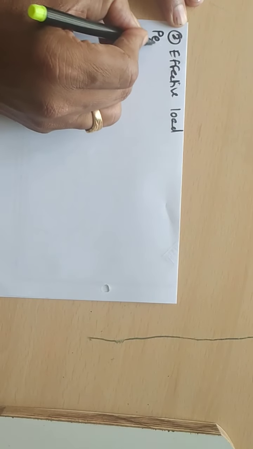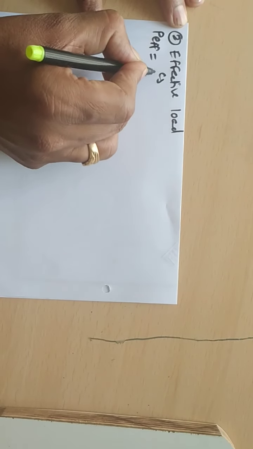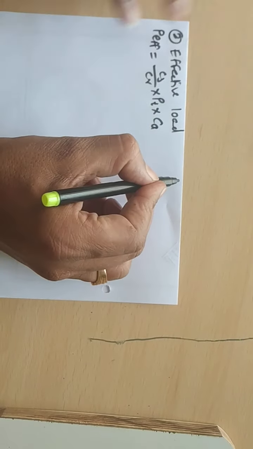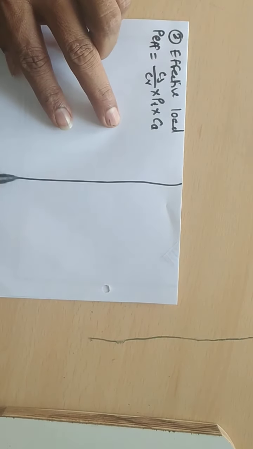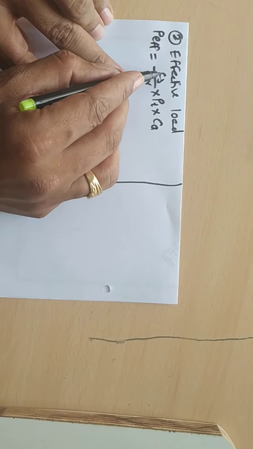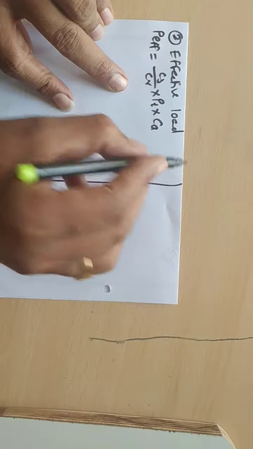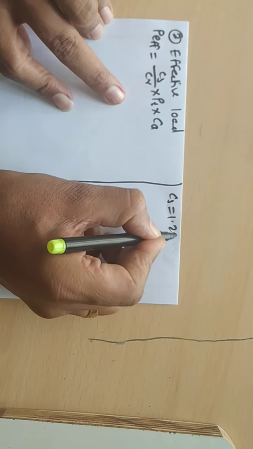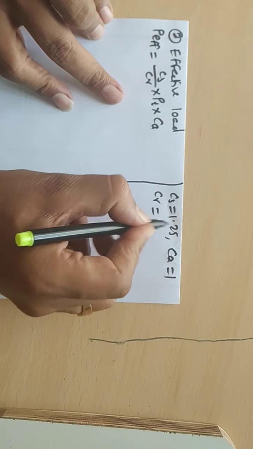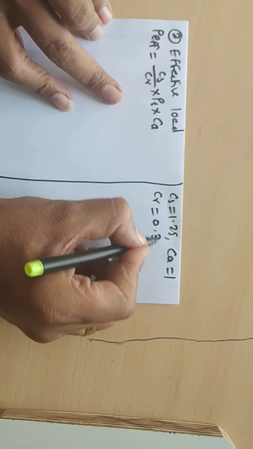P effective is equal to CS upon CV into PT into CA. While finding the module, you have to take the velocity factor into account. CS is given in the numerical, 1.25. CA is not given, therefore we have taken 1. CV we have already calculated, that is 0.375.